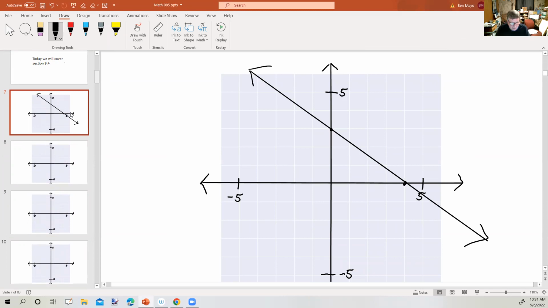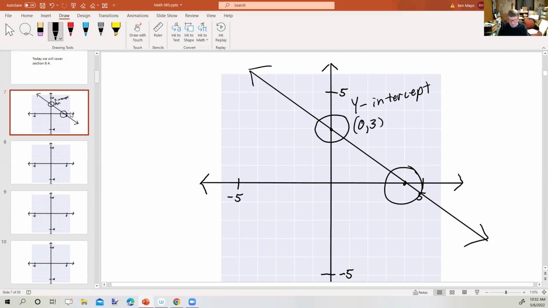This line that I have drawn cuts through the y-axis and it cuts through the x-axis. The point where the line crosses the y-axis is called the y-intercept. For this particular graph, the y-intercept is at the point (0, 3).